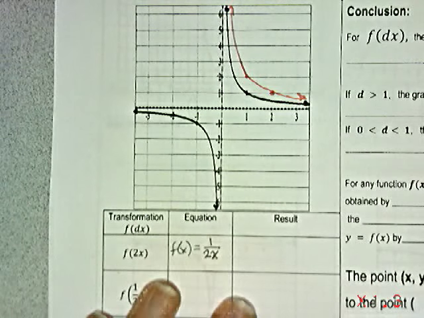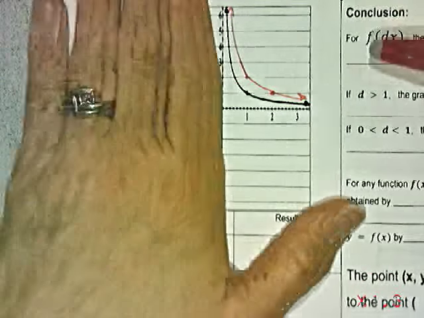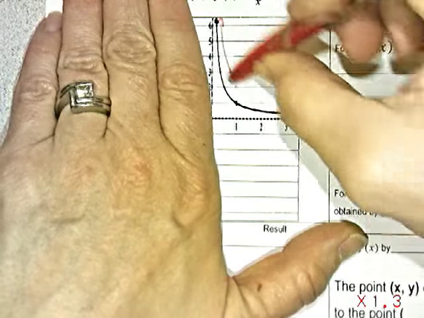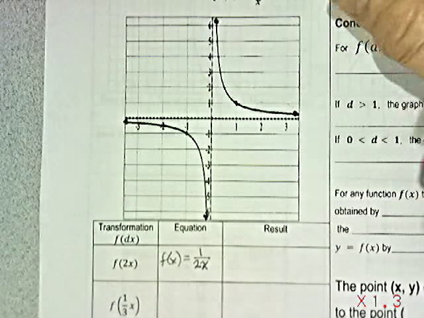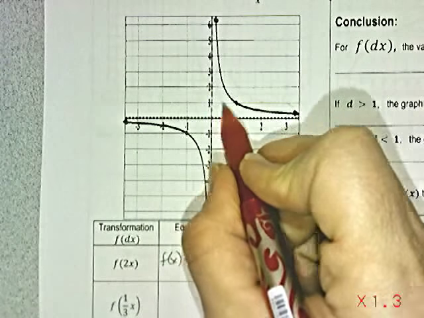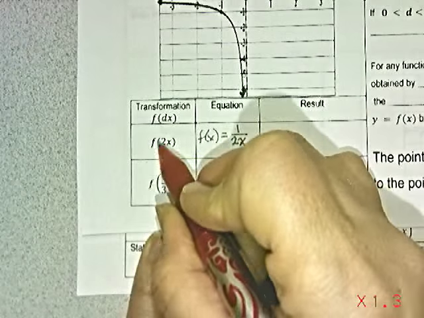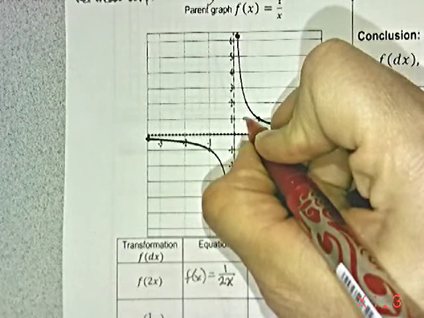Sorry, horizontal compression. Oh my goodness, I'm thinking ahead here and I'm messing up. We saw that that horizontal distance went in half. I apologize.